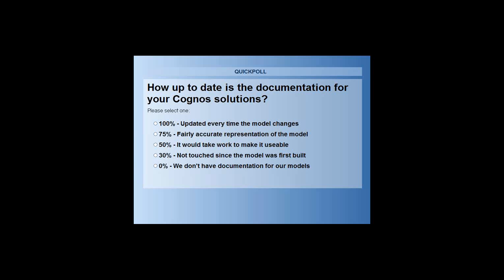Many customers we work with have only some kind of minimal documentation that they might have done when it was first set up. Most don't have any at all, actually, and are kind of stuck in that way. Feel free to answer where you think you fit along that line. And again, if you're not using Cognos specifically right now, maybe you're on Clarity or something else, feel free. All right, Kit, that's great. If you can close that poll up.